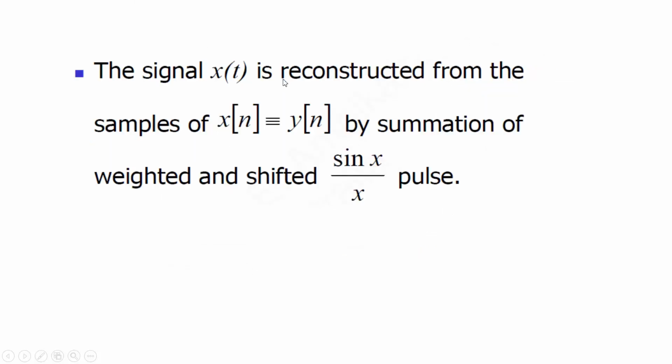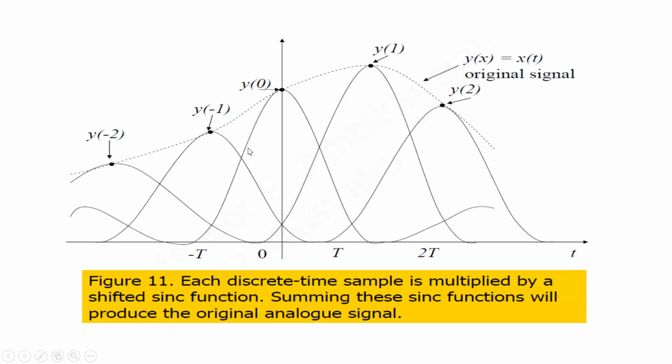The signal x(t) is reconstructed from the samples by summation of weighted and shifted sin x by x pulses, right? So this is the process of digital to analog conversion using the reconstruction filter, and we also call this a sinc filter, sinc function reconstruction filter, or smoothing filter.